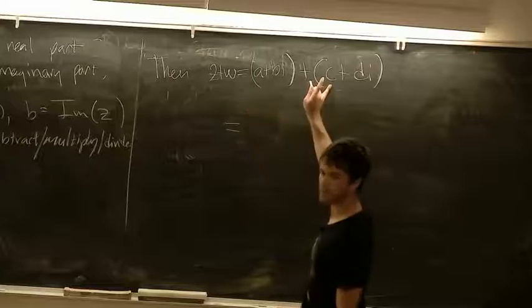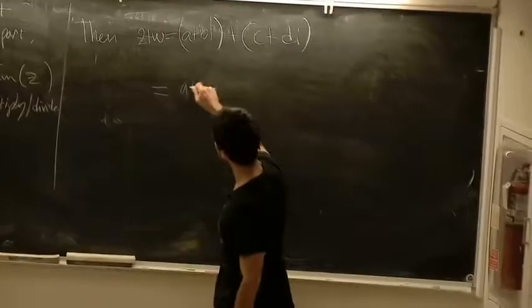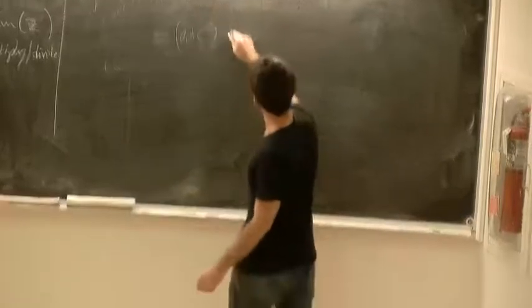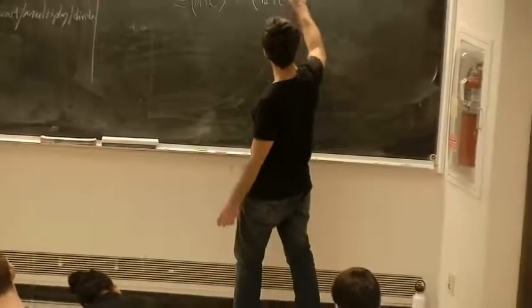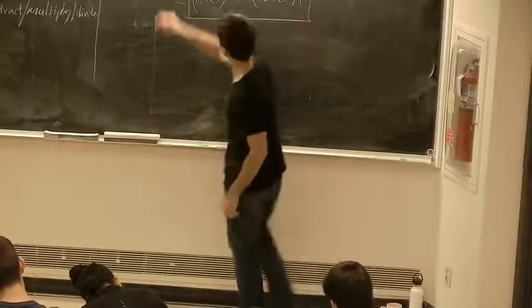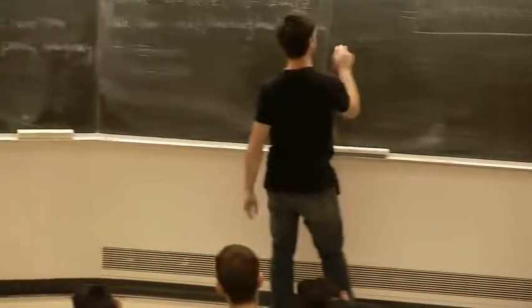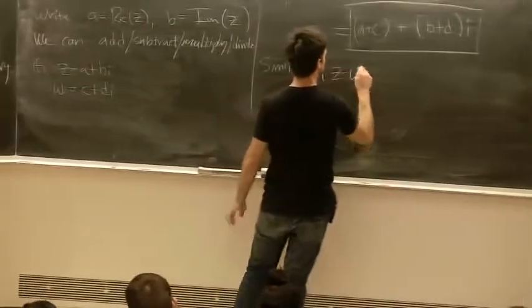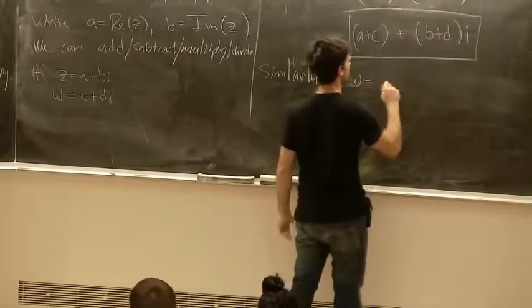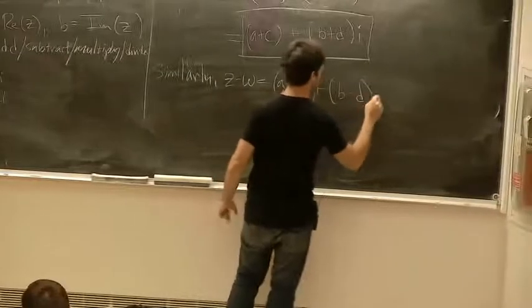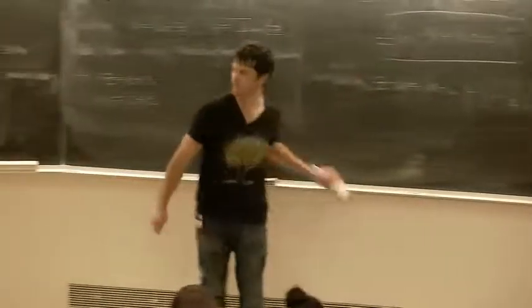You add the two real parts, giving you a plus c, and then you also add the two imaginary parts, giving you b plus d times i. Similarly, z minus w, we would just subtract: a minus c plus b minus d times i.